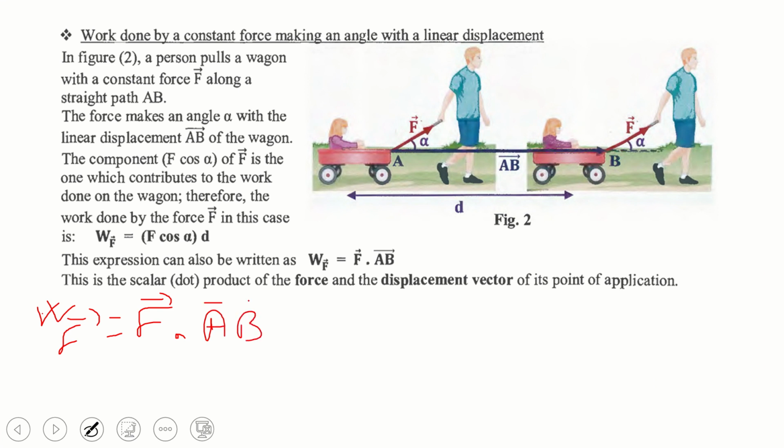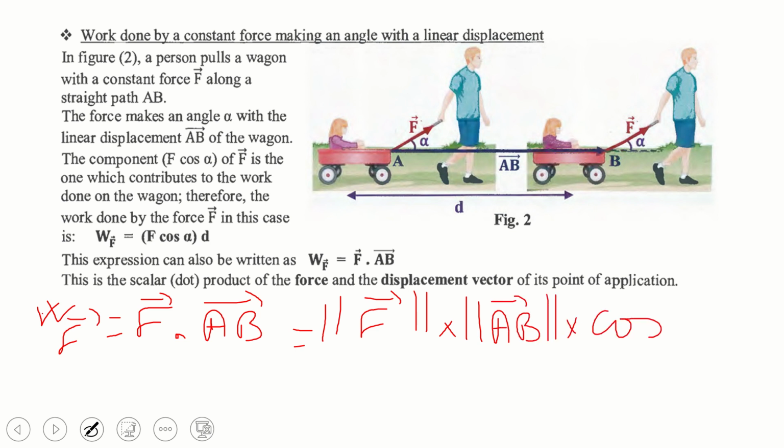displacement AB. So how to calculate the scalar product of two vectors? It is the magnitude of the first vector times the magnitude of the second vector times cosine of the angle between the two vectors, that is the angle alpha.